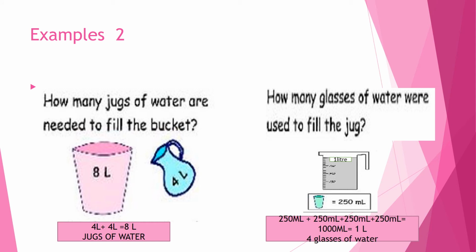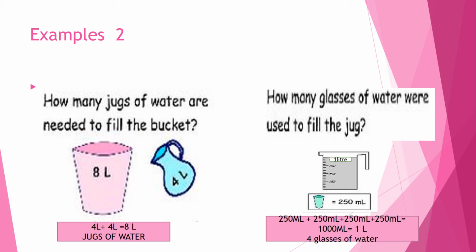So we have 2 questions here. The first example we are going to do is, the question says, how many jugs of water are needed to fill the bucket? And what we are going to use to fill the 8-liter bucket is the green container with 4 liters.